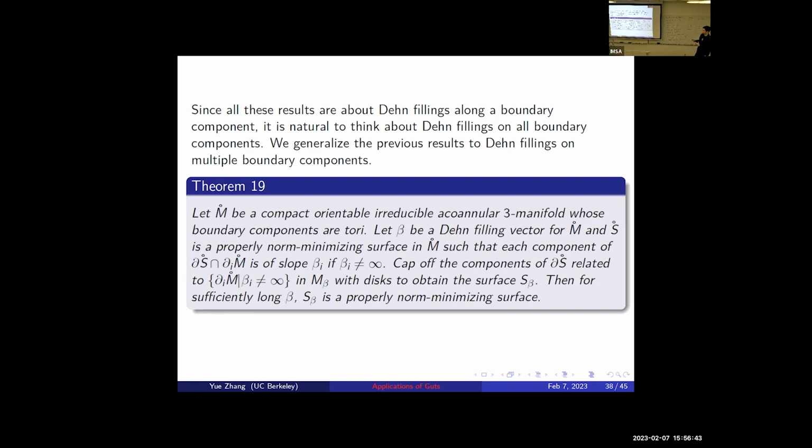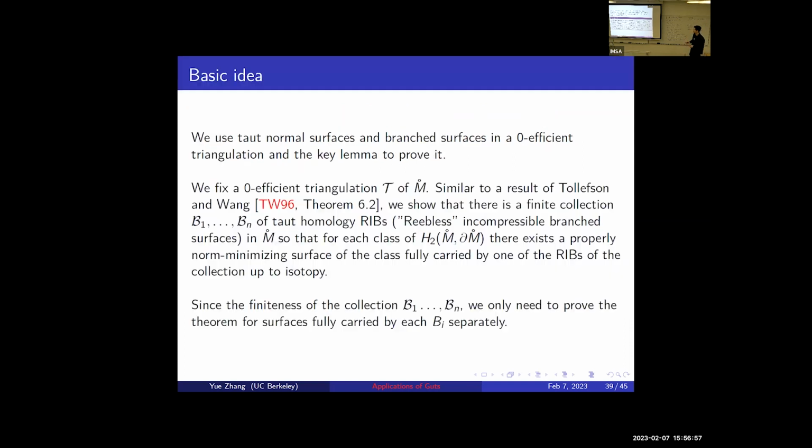I think this method is different from what Baker and Taylor used, and more powerful because it can be used for multiple components. The basic idea is that we use normal surfaces, fundamental surfaces, zero-efficient triangulation, and the key lemma to prove it.